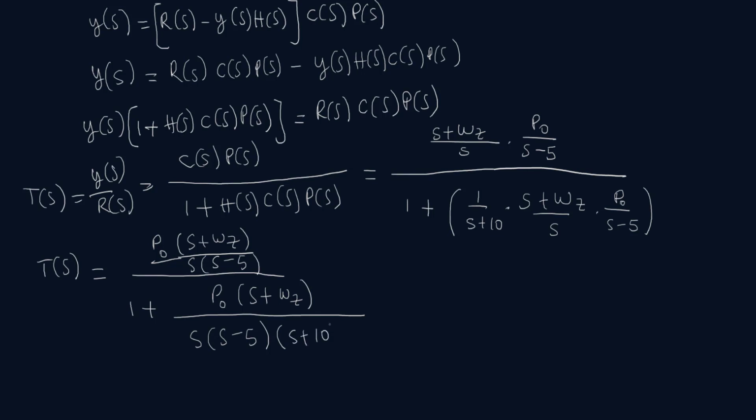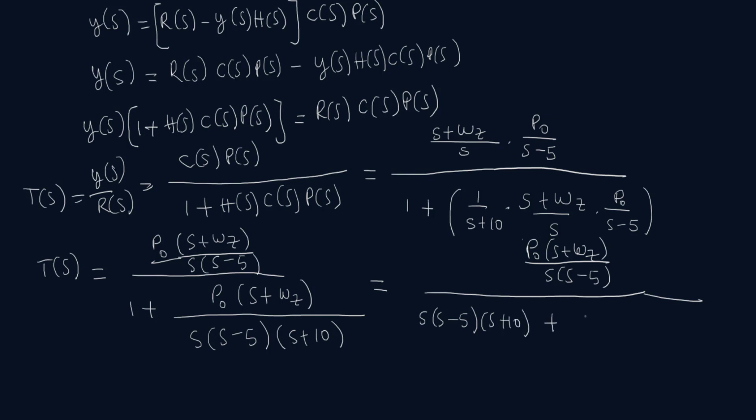All I'm doing is multiplying these two together. And then the bottom is 1 plus P0 (s plus wz) over (s minus 5)(s plus 10). I'm just rewriting this equation right here, multiplying the top and multiplying the bottom. So this is equal to P0 (s plus wz) over (s minus 5), over (s minus 5)(s plus 10) plus P0 (s plus wz) over (s minus 5)(s plus 10).